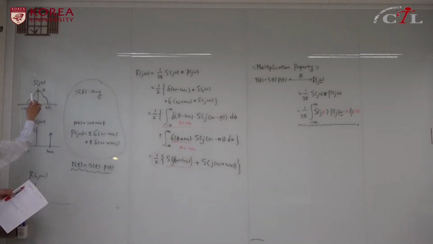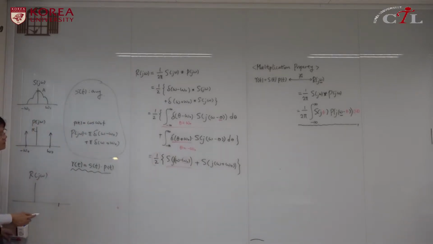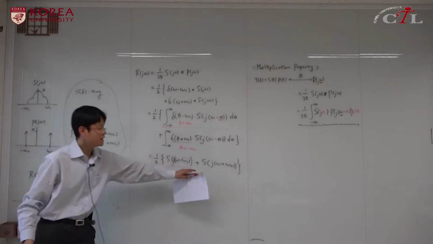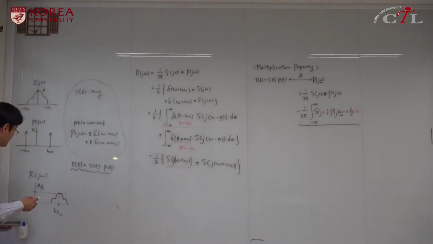So the original form is shifted by ω0 and scaled by half, so it will have this form. And here it's advanced by ω0 and scaled by half.